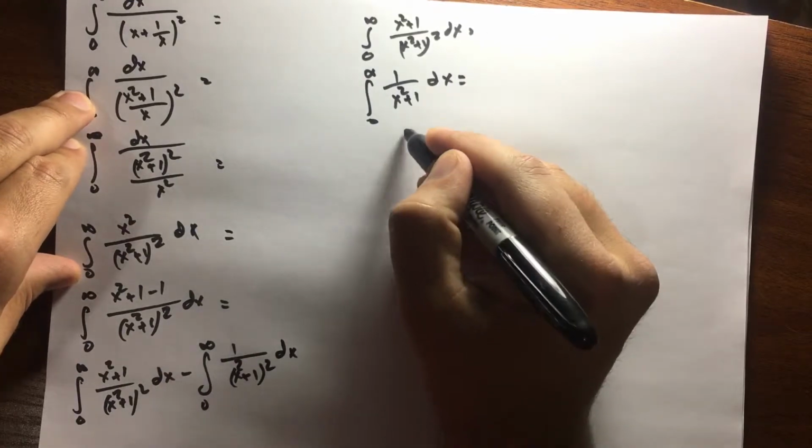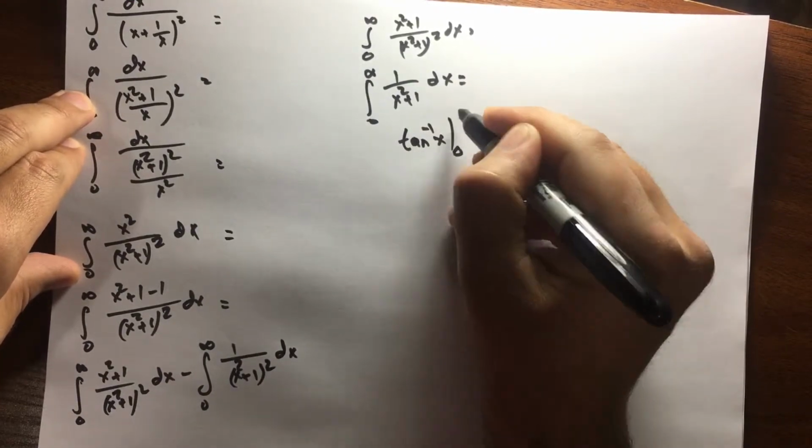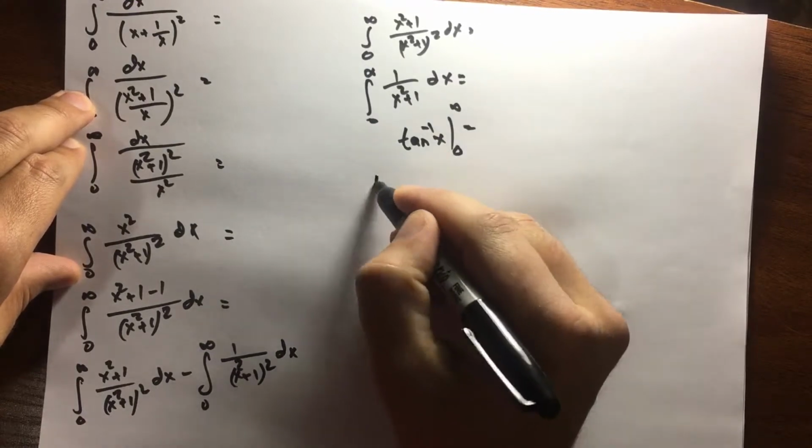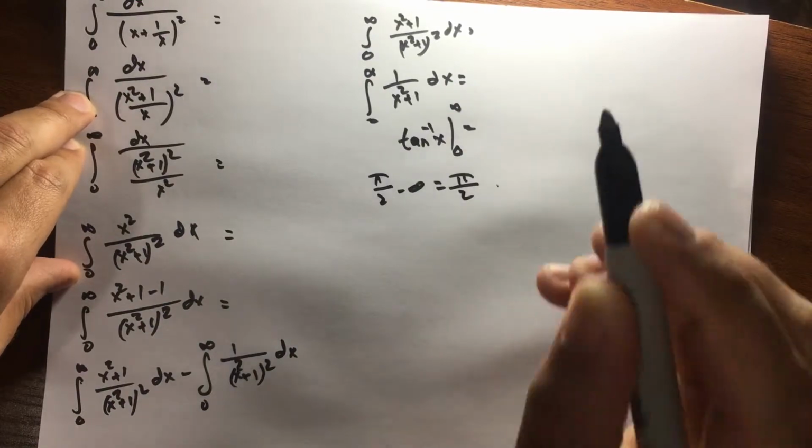And this equals tan inverse of x from 0 to infinity, which equals pi over 2 minus 0, equals pi over 2.